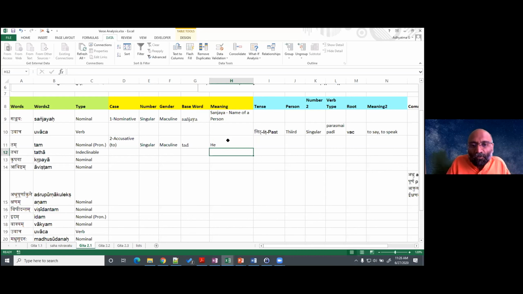Since it is in the second case, singular, in English it will become him. So him, and then he would be the meaning of the base word.